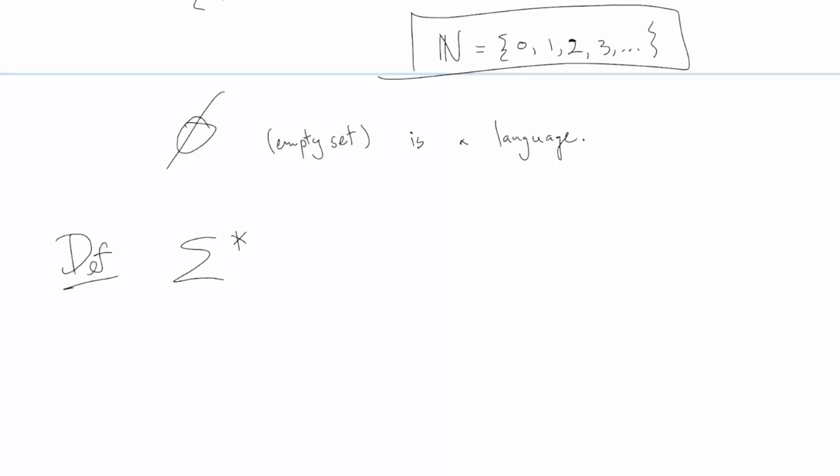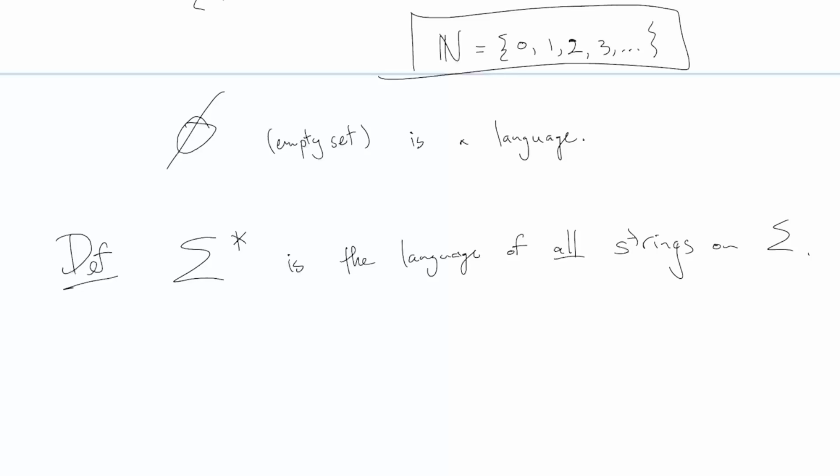Sigma star is the language of all strings on sigma, I mean strings that you can make out of alphabet letters coming from the alphabet sigma. So when we write the star, that means all possible strings from this particular alphabet.